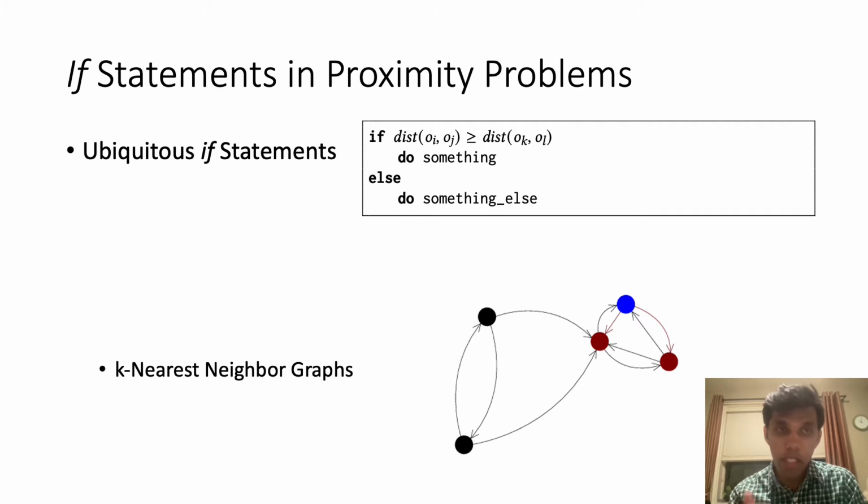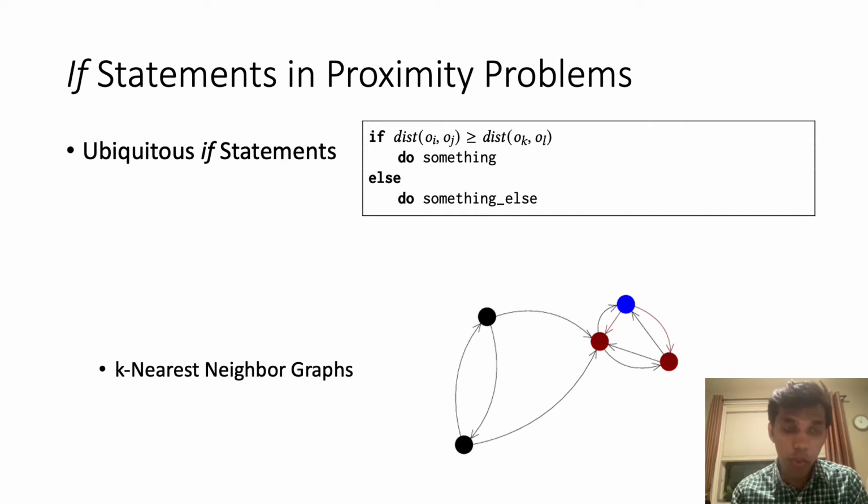And we find that all of these distance costs are associated with the if statements. Let's say, if the distance between Oi and Oj, two different objects, is greater than or equal to the distance between Ok and Ol, another pair of objects, do something else. So the majority of the distance computation comes from the if statements.